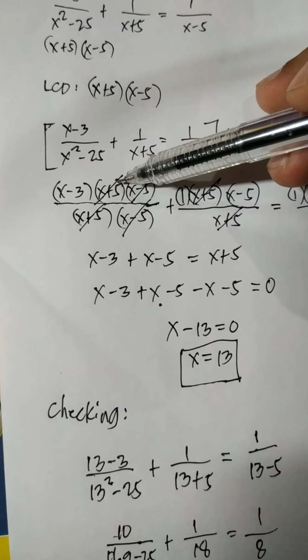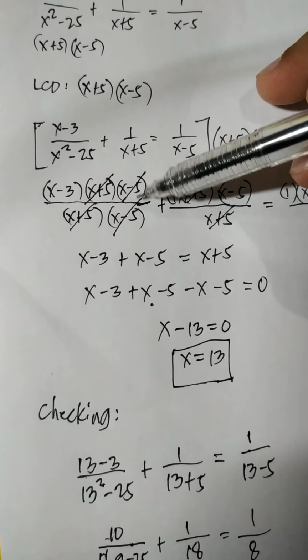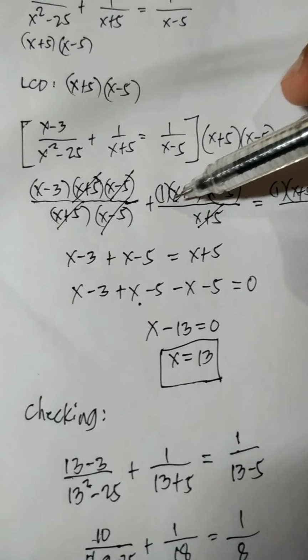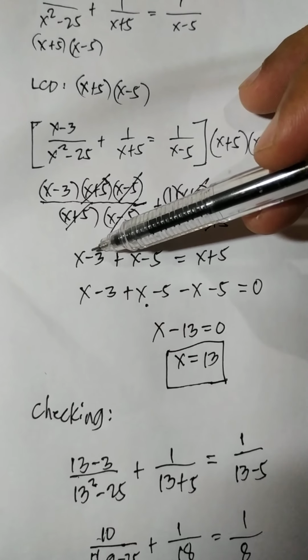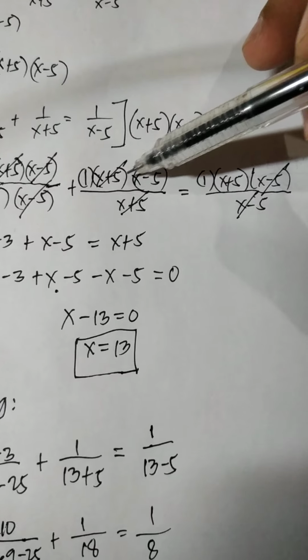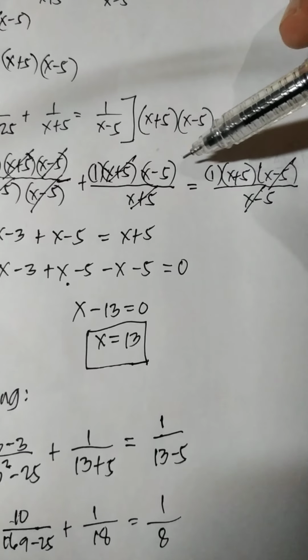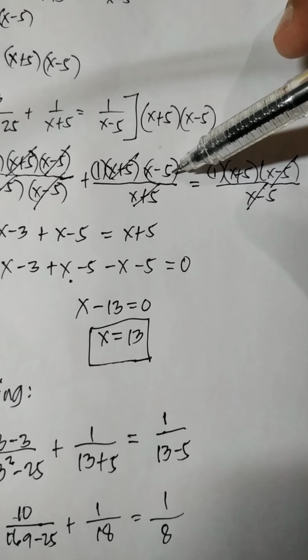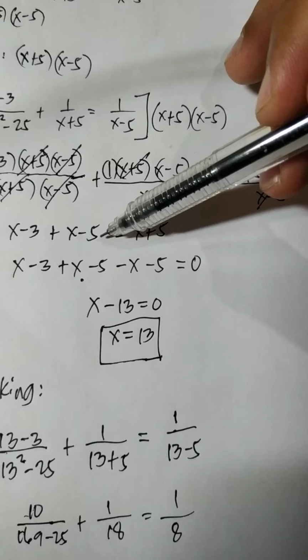We have x plus 5 and x plus 5, cancel. x minus 5 and x minus 5, cancel. What remains is x minus 3. Plus, in the next term, x plus 5 and x plus 5 cancel, so what remains is x minus 5 times 1, which is x minus 5.